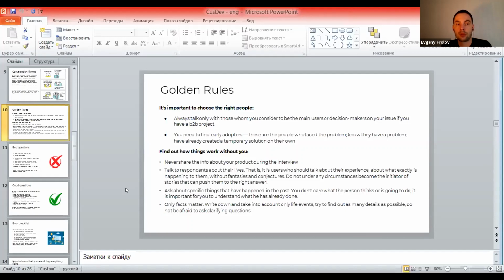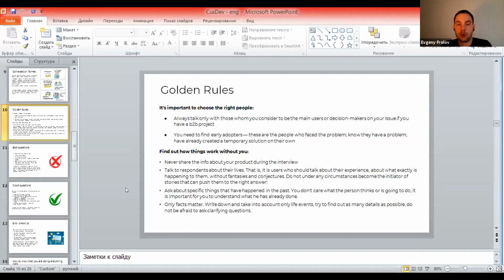And usually people like it. They like when someone is interested in their personality. It's a psychological fact. But of course, before that, you have to create some emotional connection and show that you're an open person, really interested in their lives.